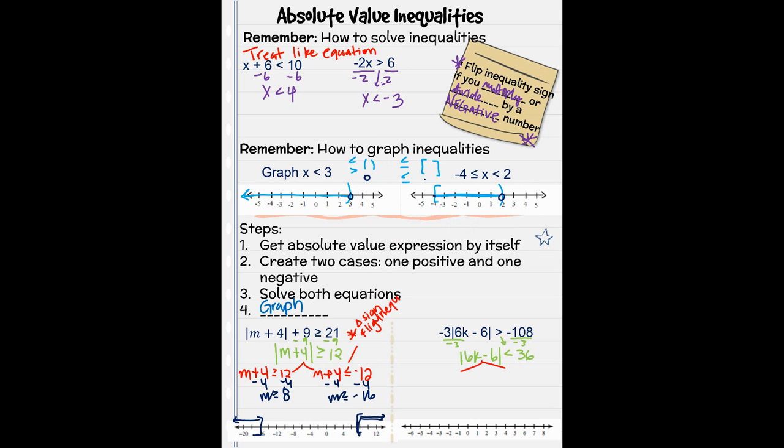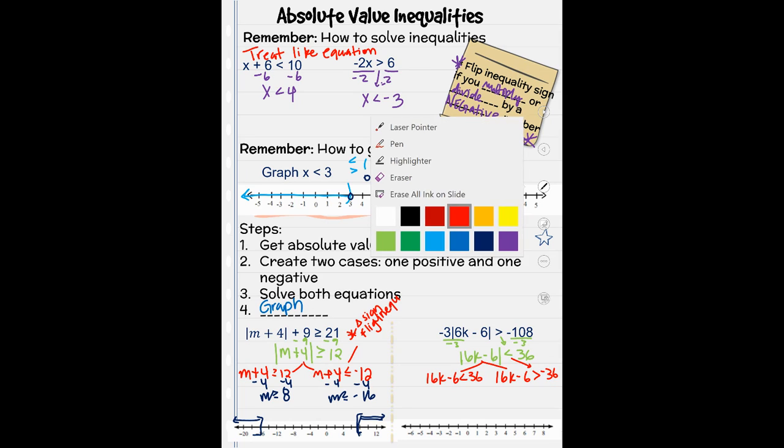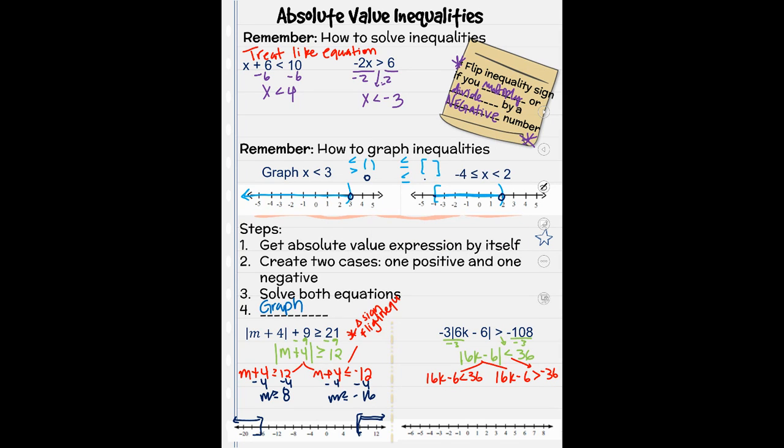Now we need to split into our 2. So we've got 16k minus 6 is less than 36. Now remember, when I'm changing the sign, I'm now flipping this inequality again. Negative 36. Let us solve by adding 6. 16k is less than 42, divided by 16, k is less than 7.